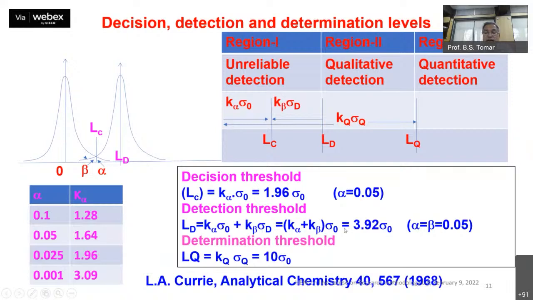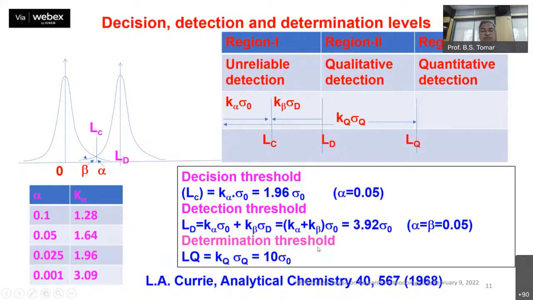KQ is 10 here, and sigma Q you can again take as sigma 0. So the standard deviation for the measurement of the signal, background and sample can be assumed to be the same. In that case, the limit of quantification becomes 10 sigma 0.